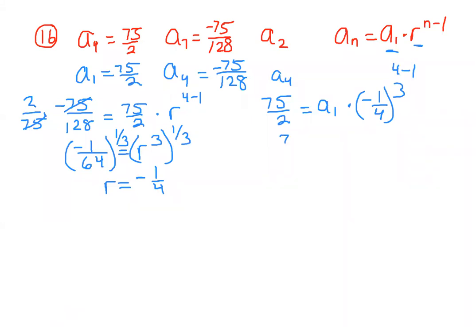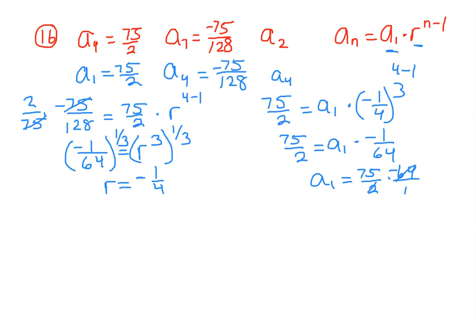All right, so we get 75 over 2 equals a1 times negative 1 over 64. And so a1 equals 75 halves times 64 over 1.